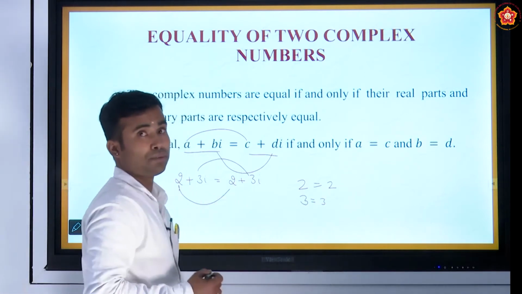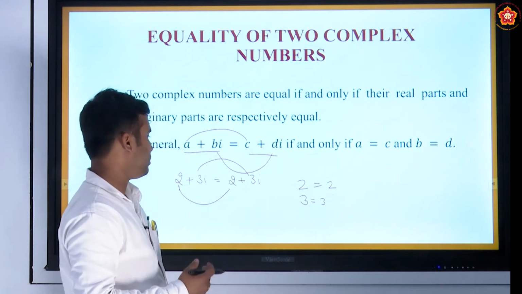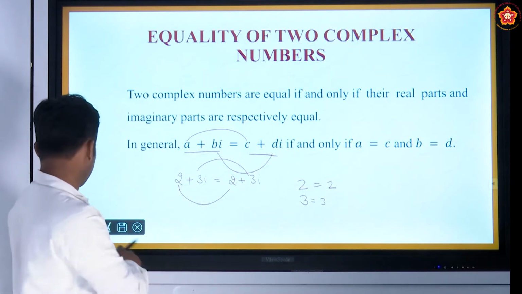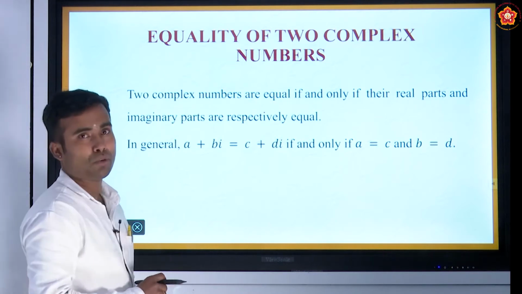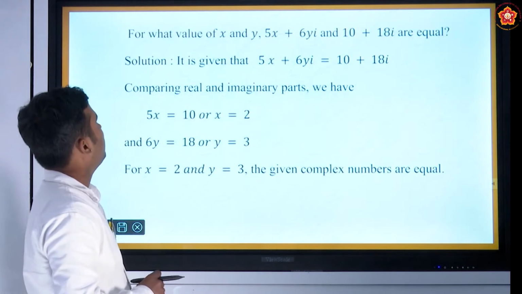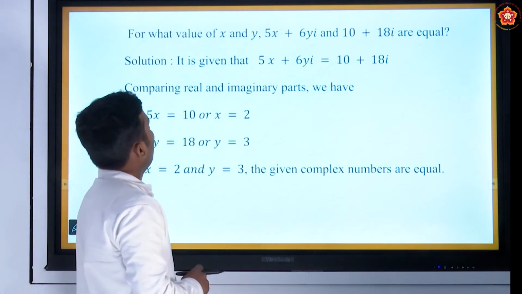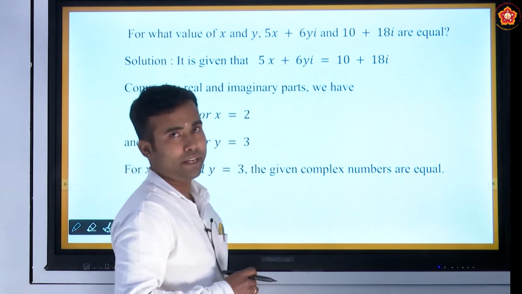Hence, these two complex numbers are equal. We can show this with an example, so that you can understand what exactly equality of two complex numbers is.